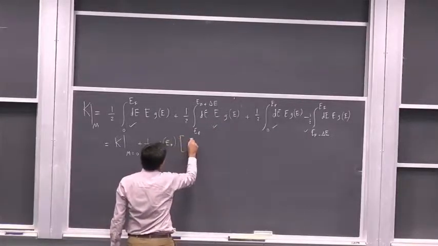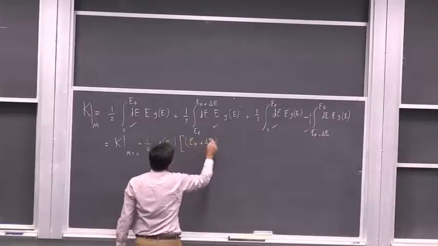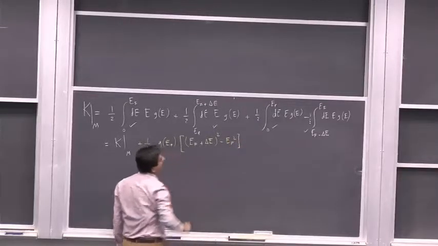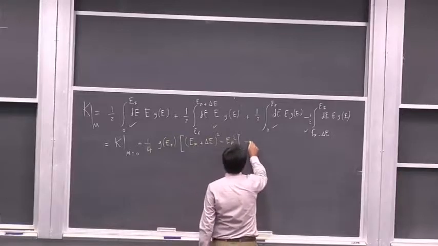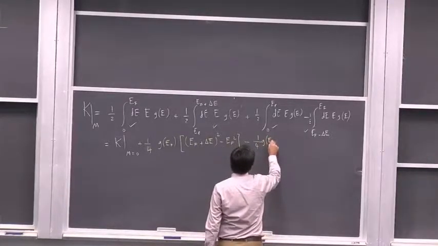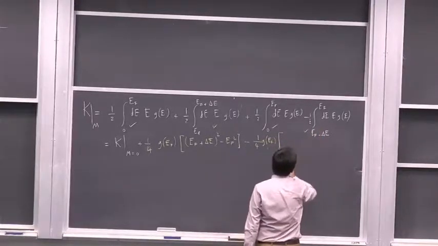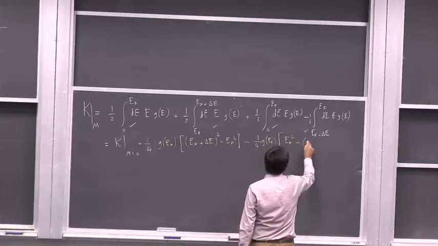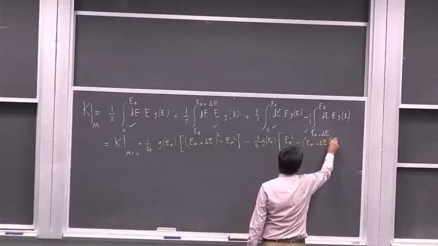I get (EF plus delta E) squared minus EF squared. Likewise, this would give me minus 1 over 4 G(EF), this thing here, EF squared minus (EF minus delta E) squared.